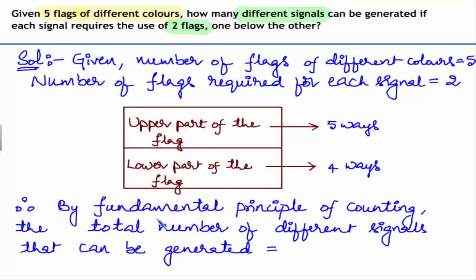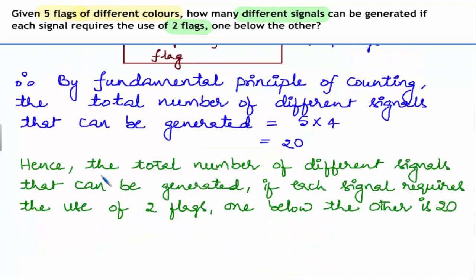Therefore, by fundamental principle of counting or by multiplication principle, the total number of different signals that can be generated is equal to 5 into 4, which gives us 20. Hence, the total number of different signals that can be generated if each signal requires the use of 2 flags, one below the other, is 20. So this completes the solution.